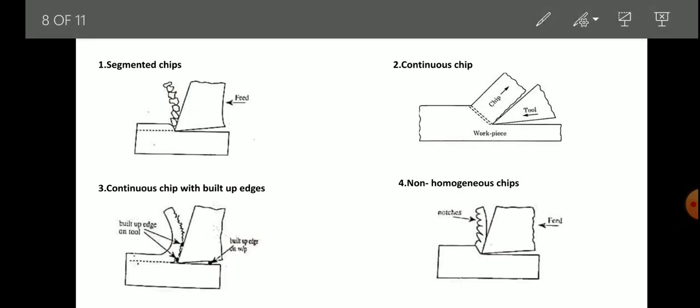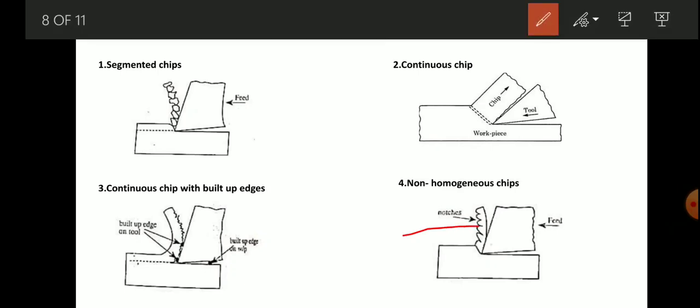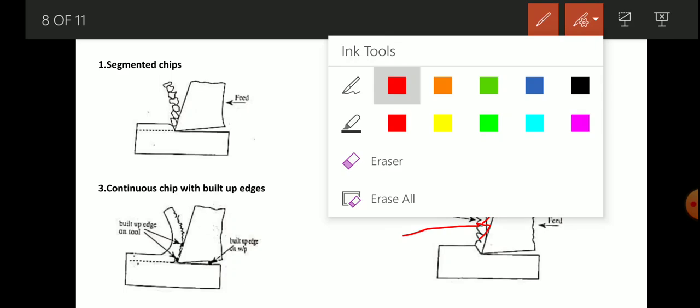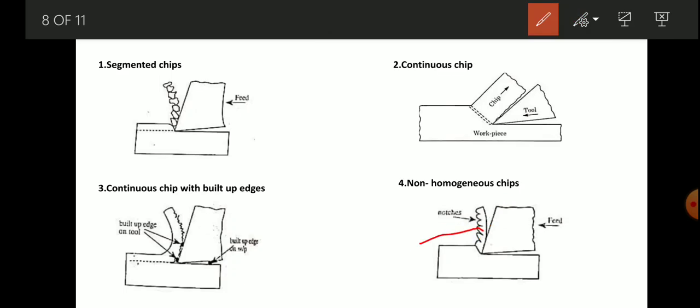Here we can see notches on the top side of chip, while the bottom side, which is the tool side, is smooth. Here we get notches, and at this point we get a smooth surface finish. This is caused because of shear strain in the material.